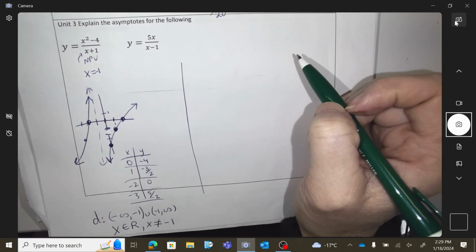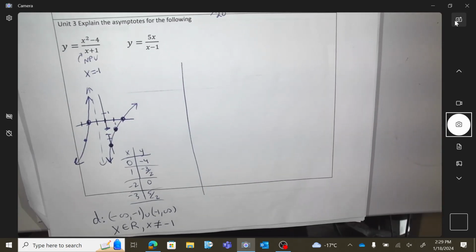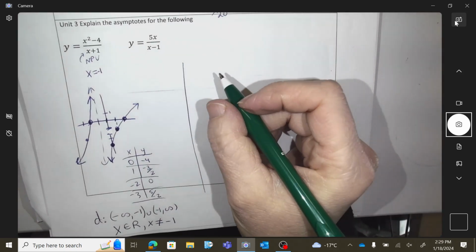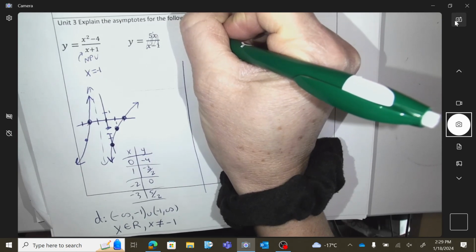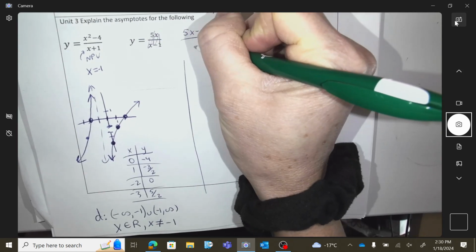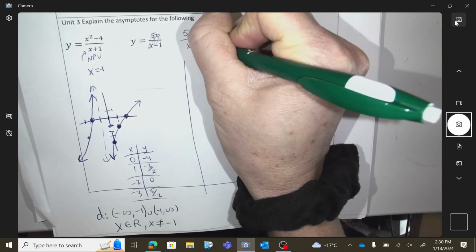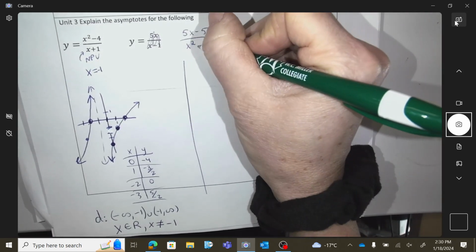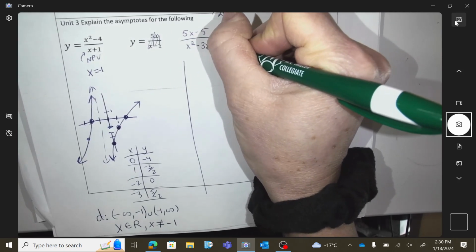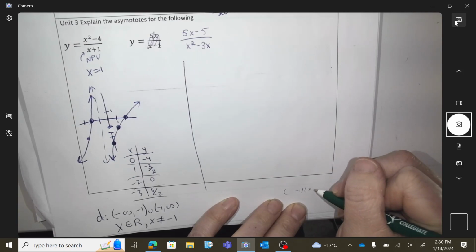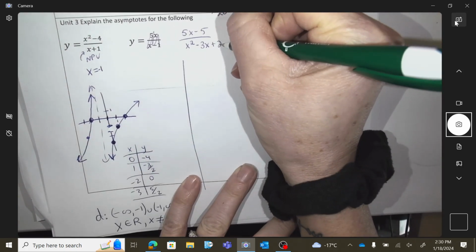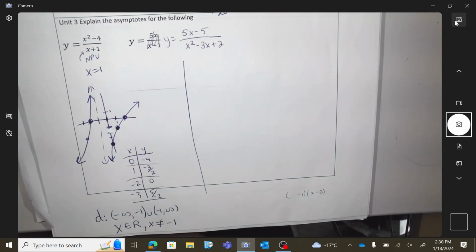Okay, and then this one. I should have given, I feel like I should just give a different question here. Let's just change it so I can get more of the rules in here for you.